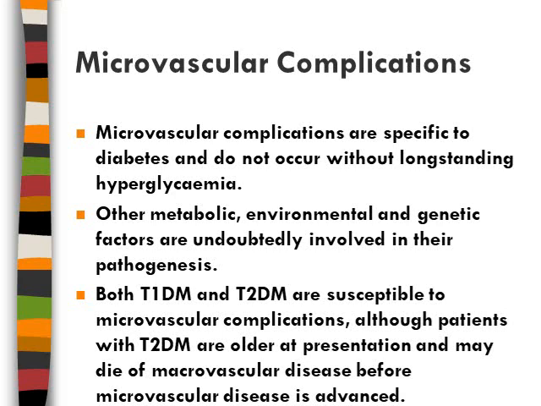In contrast, in type 2 diabetics, the macrovascular disease may even be present before the development of hyperglycemia in those patients who are genetically susceptible to develop hyperglycemia later on. That is, they are part of metabolic syndrome.